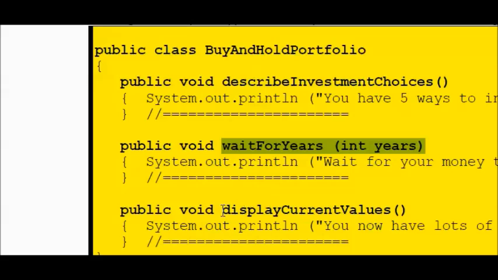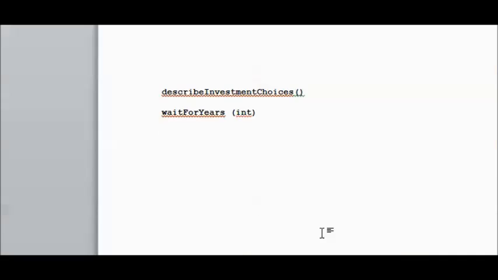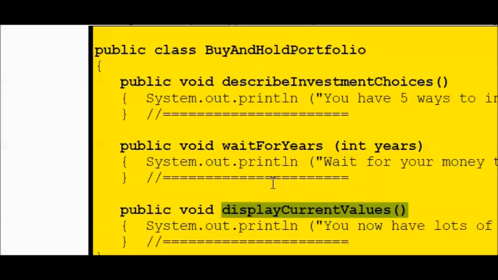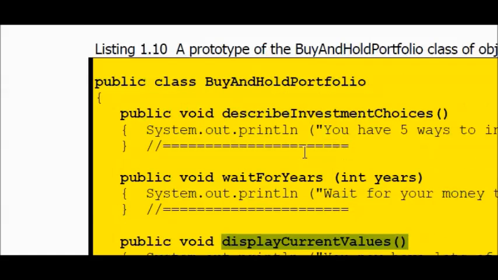Display current values. Copy it. Go to Word. Paste it in. Nothing more to that. Make sure you put down that it was listing 110.